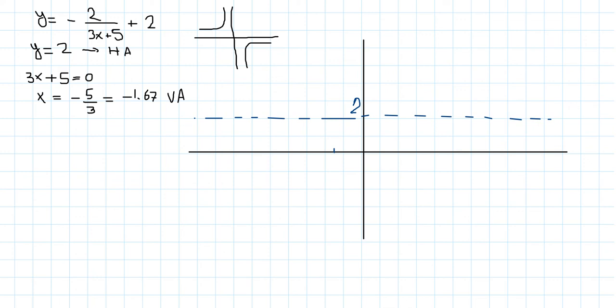Now you see we shifted the axes and these are my new axes, and I know the whole shape should be like this, so I draw it easily. It is the graph of y equals minus 2 over 3x plus 5, plus 2.